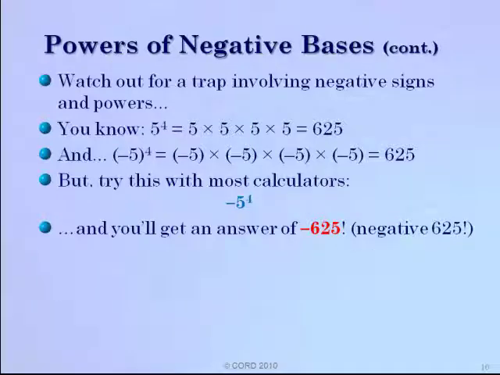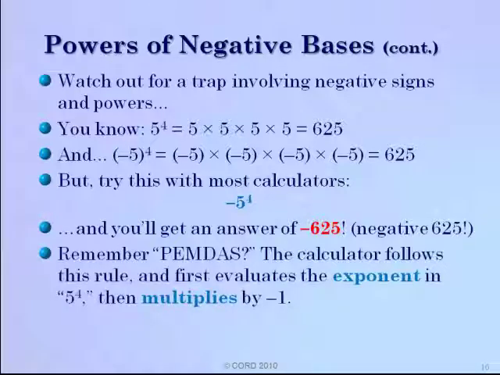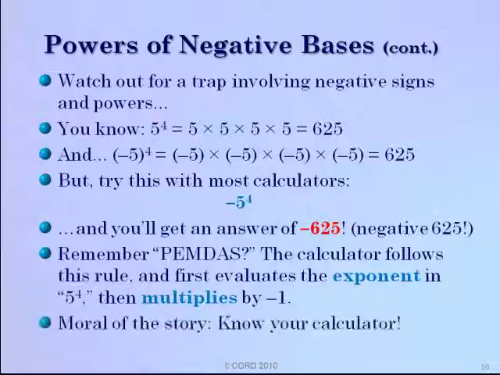Oh, what happened? Well, do you remember "Please Excuse My Dear Aunt Sally"? The calculator knows that rule and follows it, and it first evaluates the exponent in the 5 to the 4 and then multiplies by -1. So the result is -625, not what you expected. So the moral of the story here is know your calculator.